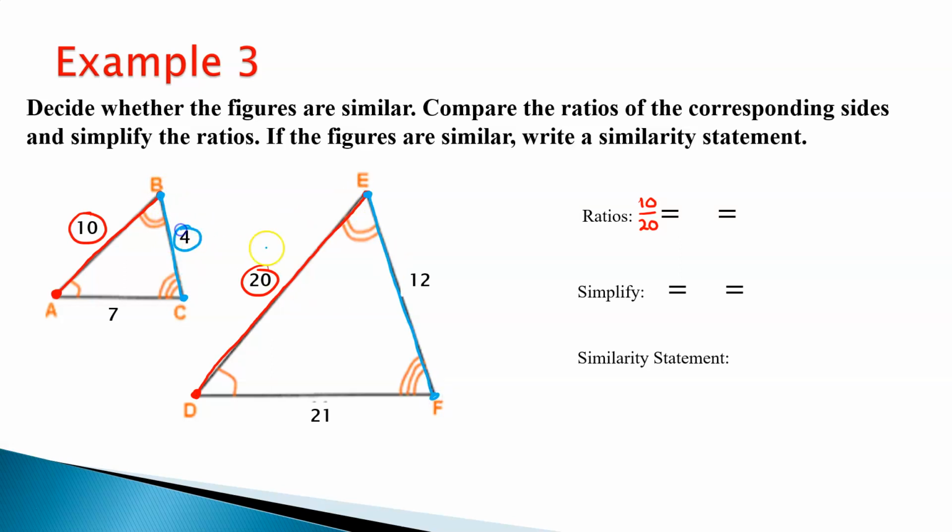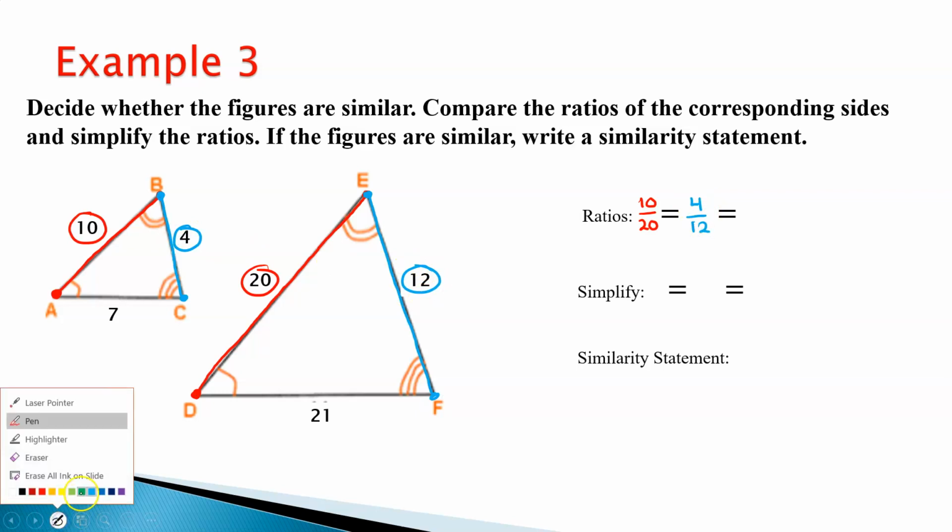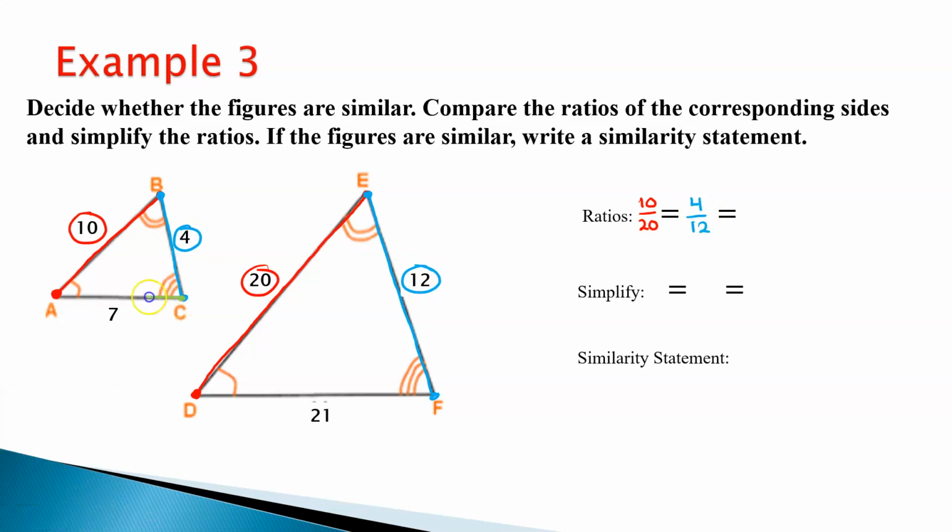So there, I'm going to write 4 over 12. And then I'm going to do that one last time. It's kind of obvious here. From C back to A, from three angle symbols down to one, from F all the way to D. So one more time, I'm going to write 7 over 21. Those are my ratios there.